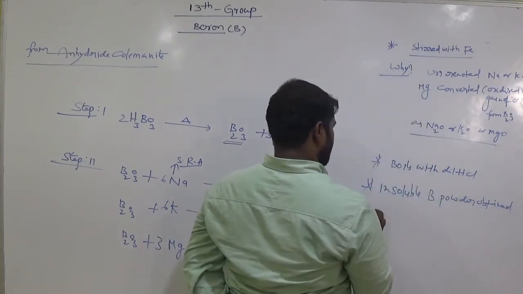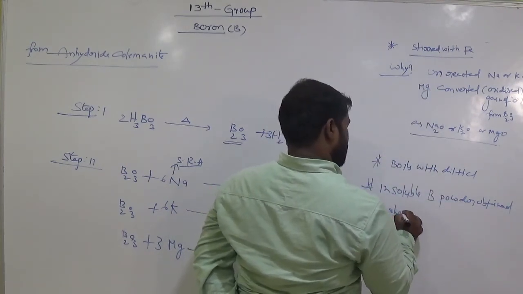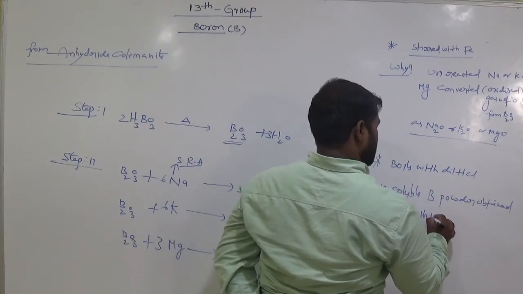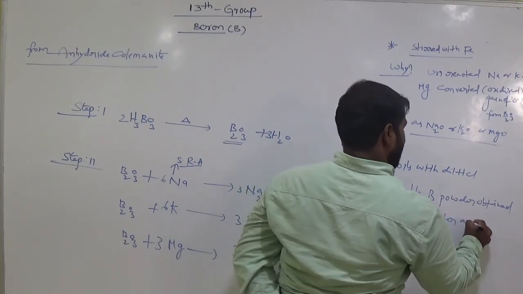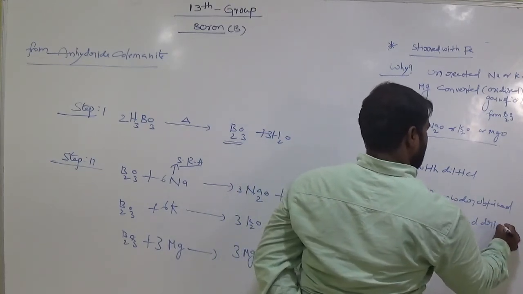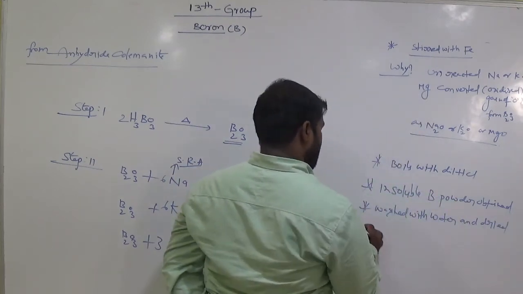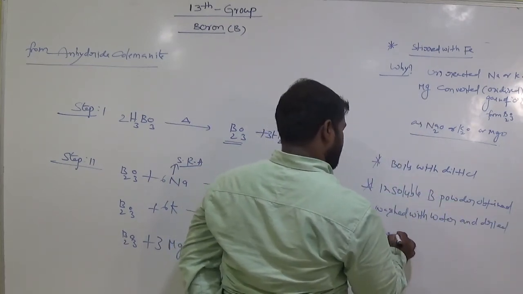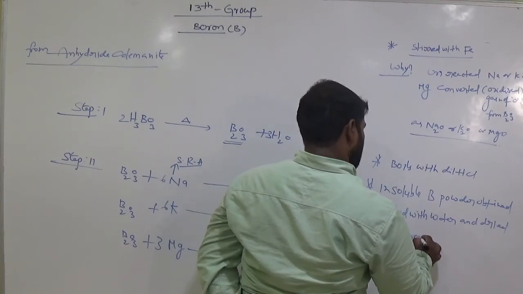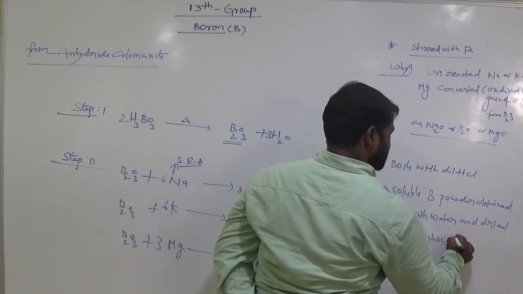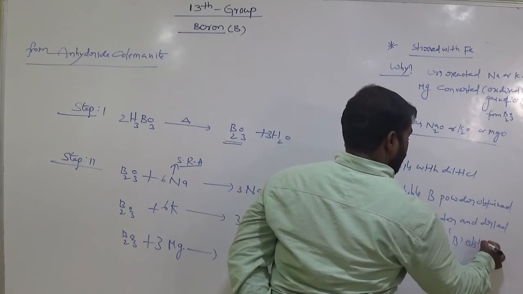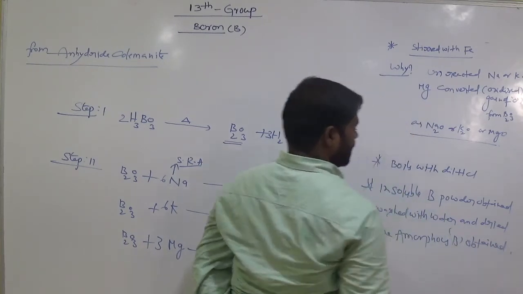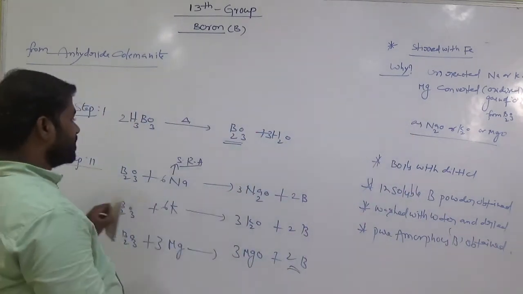Then what happened? Washed with water and dried. Then pure amorphous boron is obtained. So these are the two methods from colemanite.